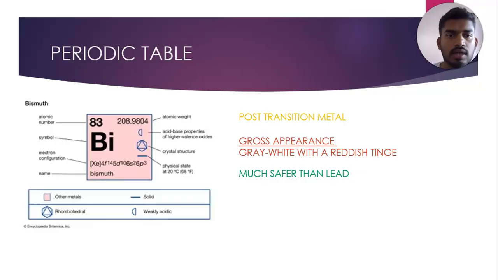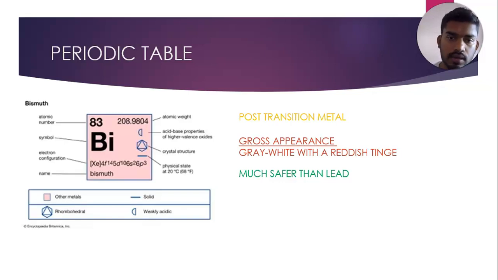In earlier scenarios, lead was one of the important metals used for making bullets. Lead was causing harm because lead toxicity is already known, and nowadays lead is being replaced. They are trying to replace lead with bismuth because bismuth is considered a green metal because it has very low toxicity.